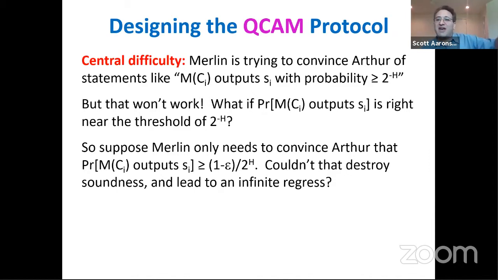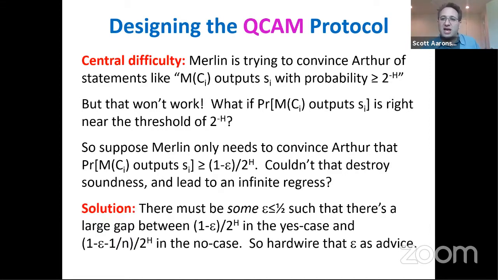So you need some definite place to stick your threshold where you'll get a good gap between completeness and soundness. And in some sense, the main thing that I had to show in the theoretical analysis is that there is such a threshold. So basically there is going to be some epsilon less than a half, such that there's a large gap between completeness and soundness.